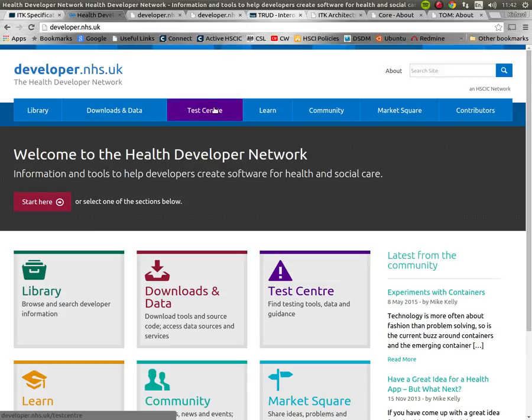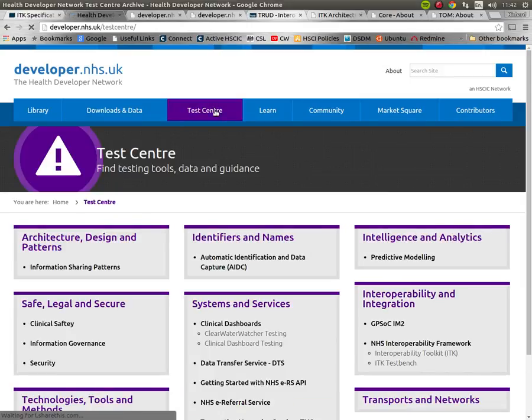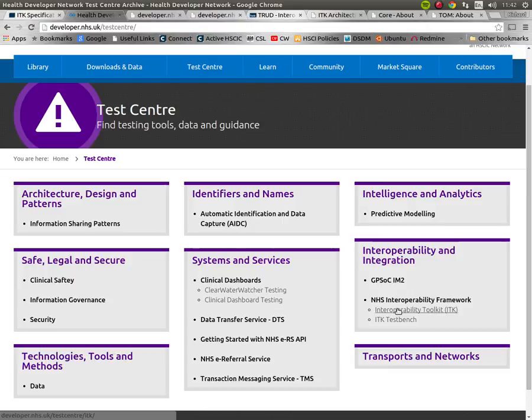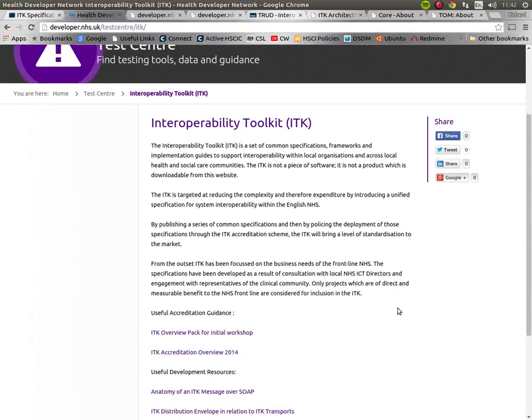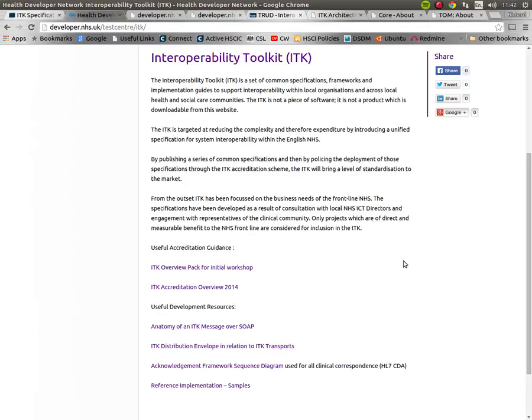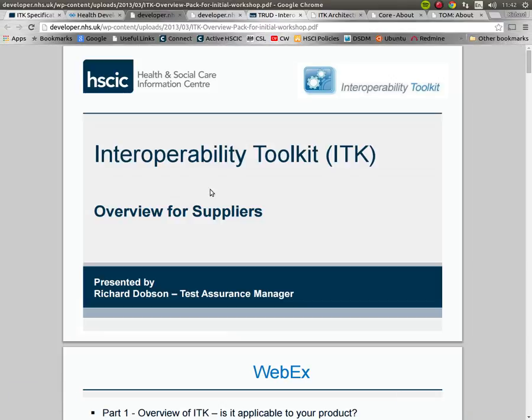Under the test centre, the ITK accreditation team has placed various pieces of information. So under the Interoperability Toolkit option, you'll find down here that there are various guidance documents, including a number of PowerPoint presentations that have been embedded within here, which basically give you an overview of ITK.